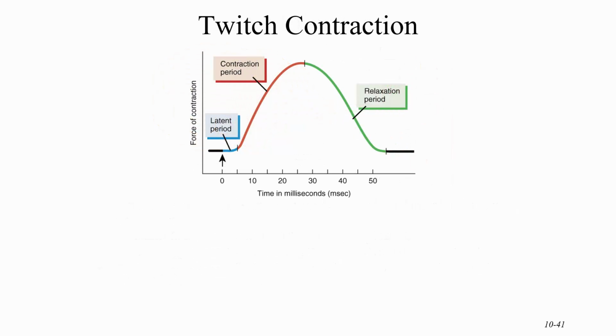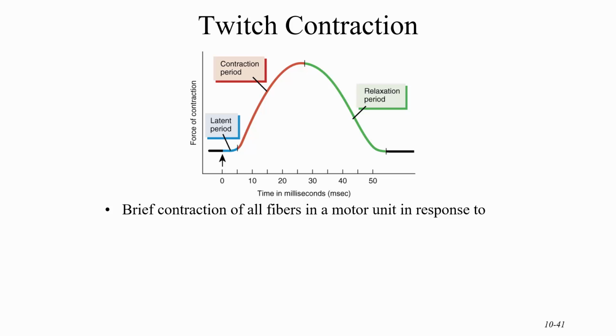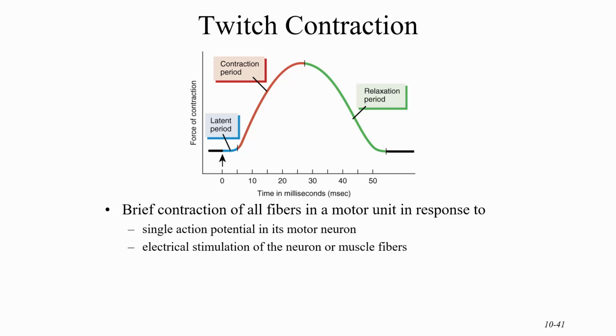Okay, looking at a twitch contraction. It's a brief contraction of all fibers in a motor unit in response to a single action potential in its motor neuron, or electrical stimulation of the neuron or muscle fibers. That's like when I had my practice.